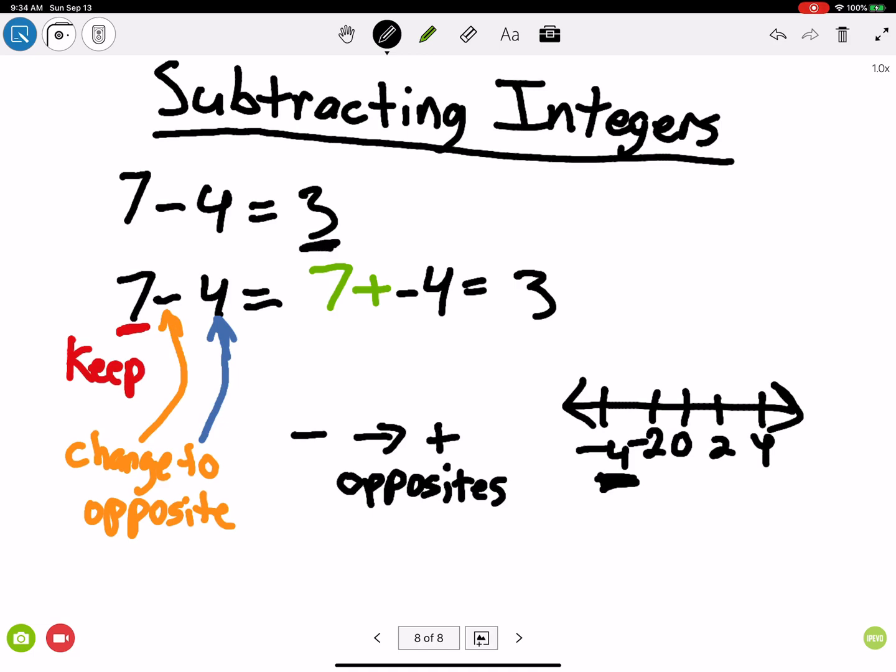Now, would I do that in this situation and change it from subtraction to addition? No. But it's still an option, okay? My whole point is that you understand how to do this. So again, we're going to keep our starting point, and then we're going to change subtraction to addition, and we're going to change our second number to its opposite.